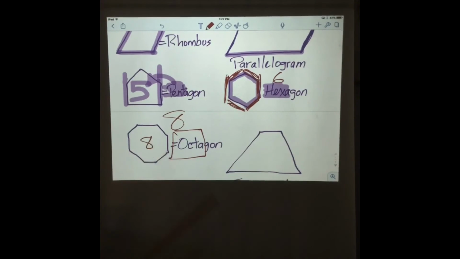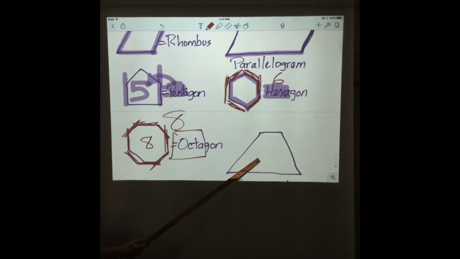How about parallelogram? Is it a parallelogram? Yes, because this one's parallel to this, right? This one's parallel to this. This one is parallel to that one. And this one's parallel to this one. So it is a parallelogram. It's an octagon. Like an octopus has 8 legs.